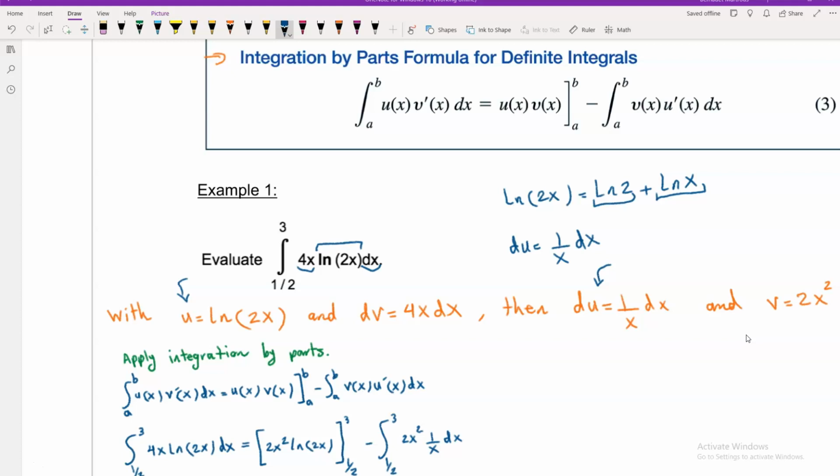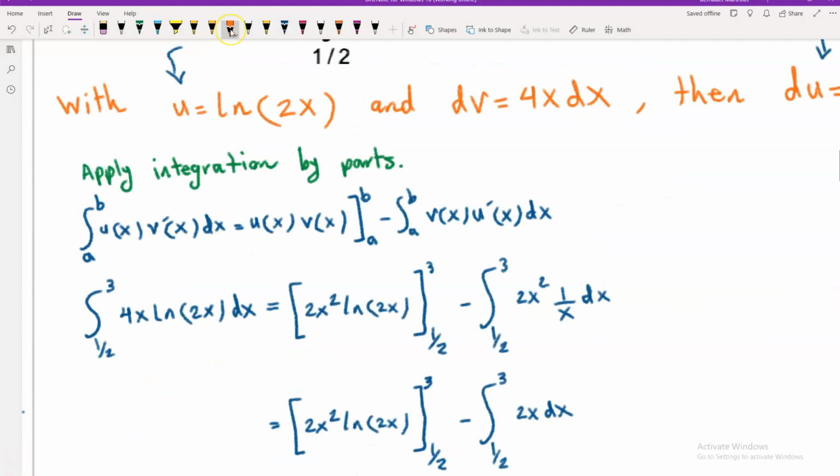Then we can simplify. So 2x squared divided by x, we're going to have 2x. So here I simplify this part, and we're going to have 2x times dx. Rewriting this part, I simplified this to 2x.